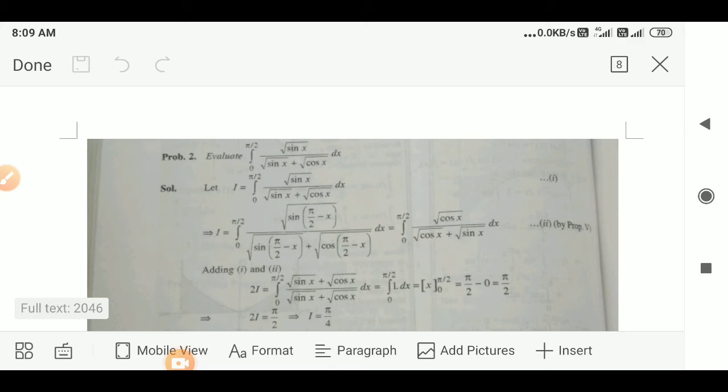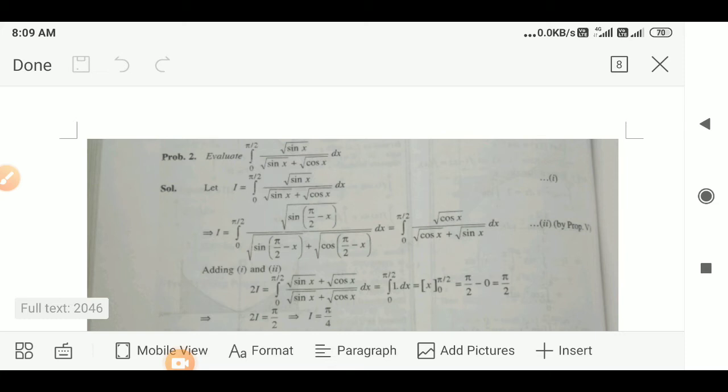We consider it I. Let I be equal to integral 0 to pi by 2 of under root sin x upon under root sin x plus under root cos x dx. Now using the property integral 0 to a f(x) dx is equal to integral 0 to a f(a minus x) dx. This is the property.